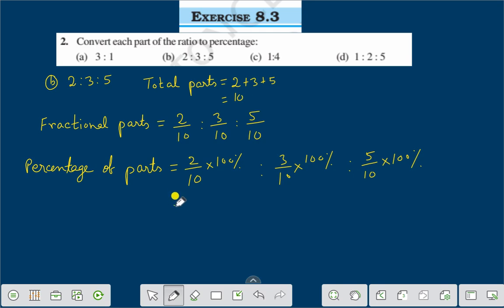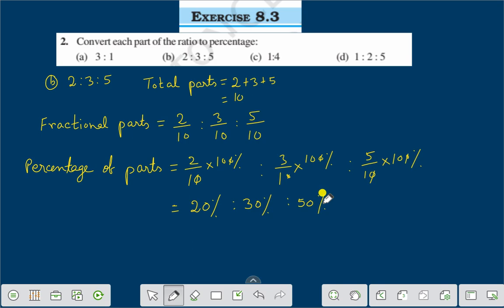That is, this 0 and this 0 will cut, 10 into 2, it is 20%. Is to, this 0 and this 0 will cut, 30%. Is to 5 by 10, this 0 and this 0 will cut, that is 5 times, 50%. Therefore, percentage of parts is 20% is to 30% is to 50%, right?